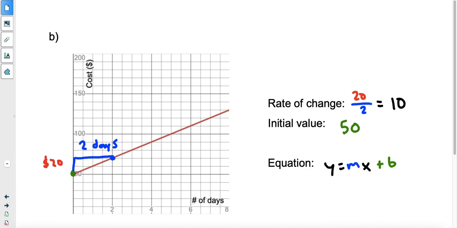M is our rate of change. So in place of m, we can just put in 10. And b is our initial value. So in place of b here, we can put in 50.